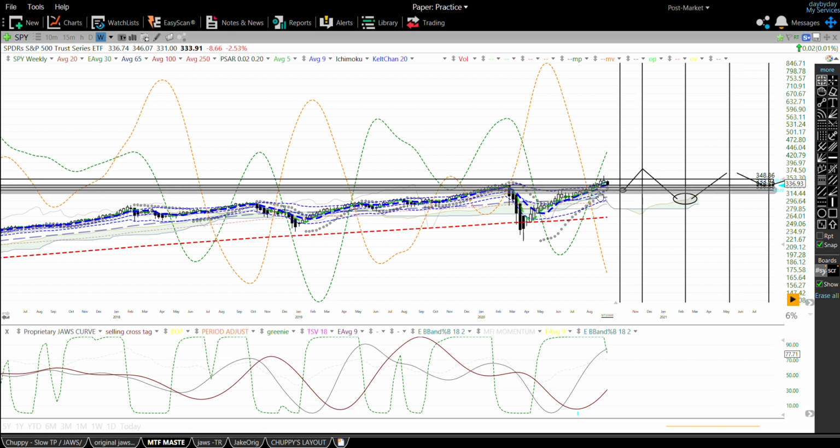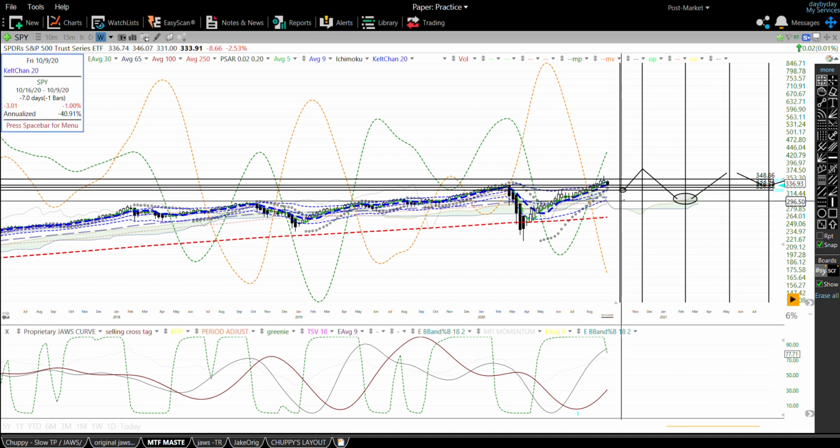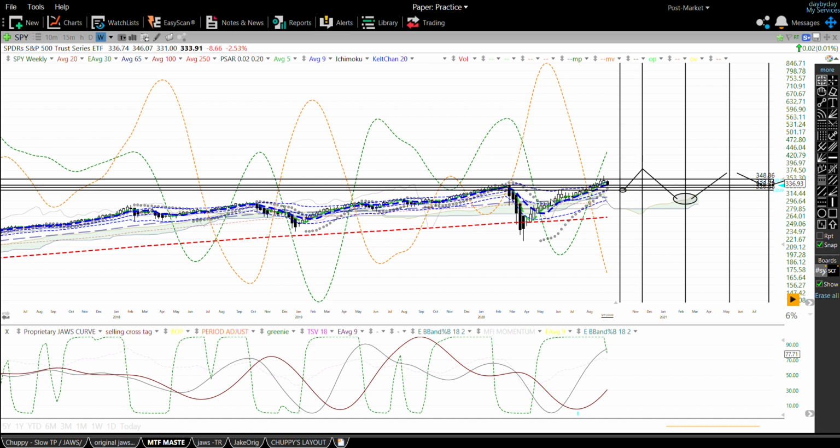See the momentum of the 5 and 9 MA with major support in these areas will not allow it to drop that quickly immediately. However, it's hinting down, and that allows me to look for this down circle of support right here towards this bottom area.